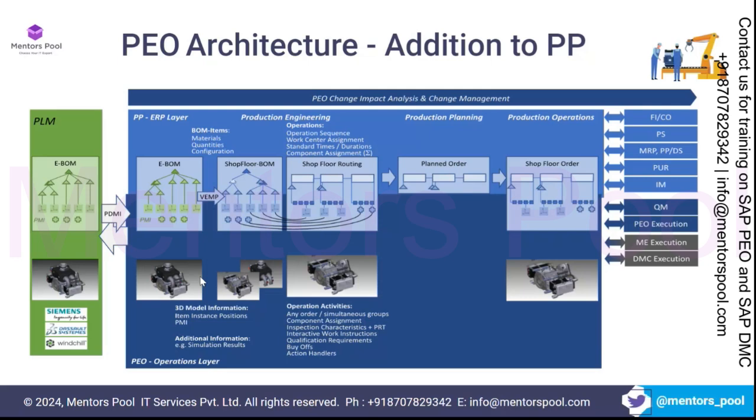Otherwise the number of codes and bills of material will be huge, right? So there comes the advanced variant configuration in the classic S/4HANA offering.